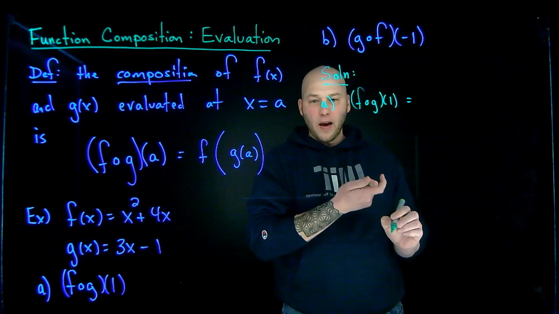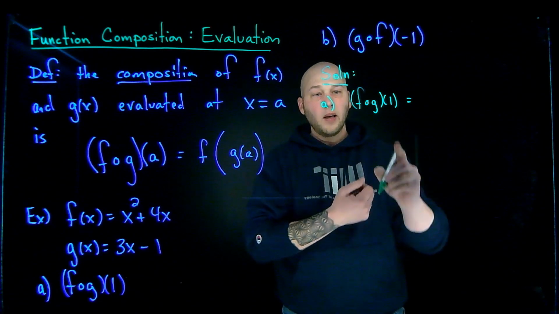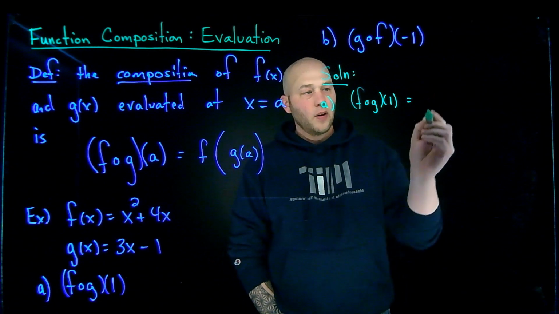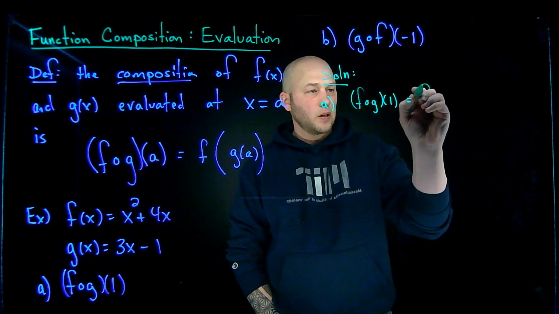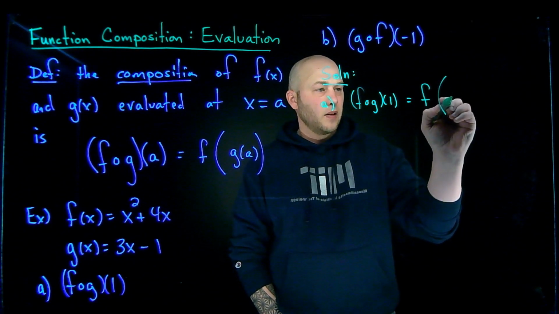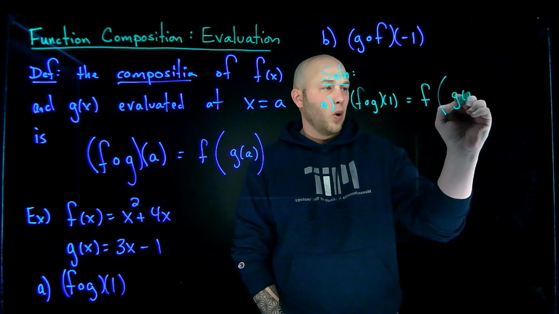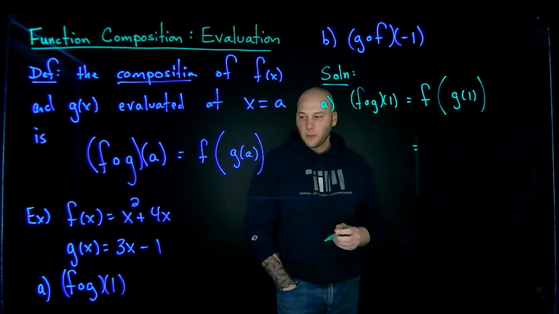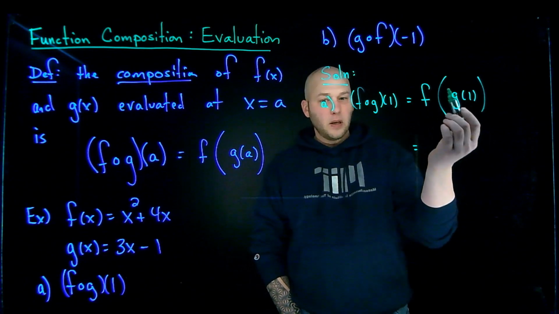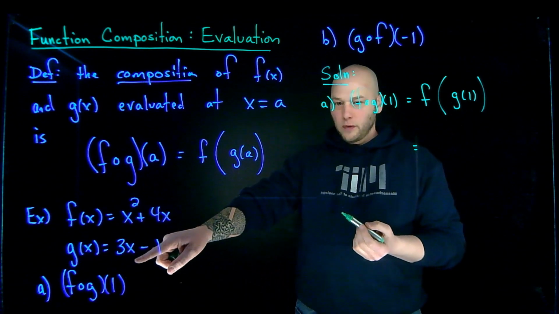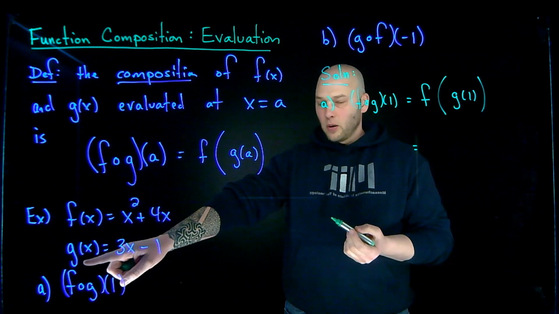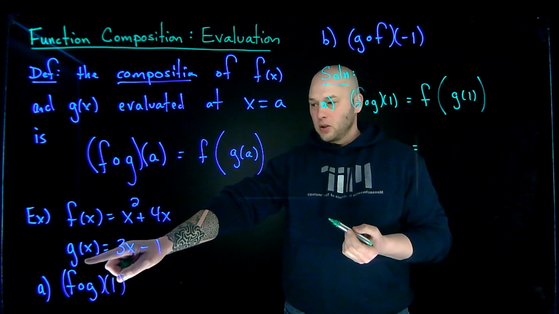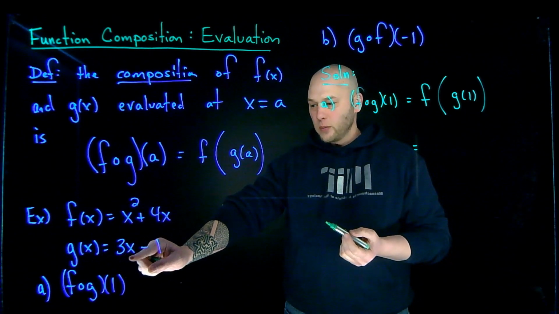I compute that function value, g of 1. That is my input then for f. Again, notationally, this says I'm going to take the function f, and the input for f is g of 1. So what I have to do is compute g of 1 first. To compute g of 1, I'm going to use the input 1 for this function down here. And notice when I plug 1 in, I'm going to get g of 1 equals 3 times 1 minus 1.